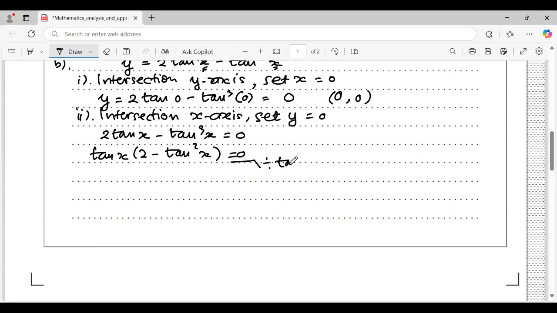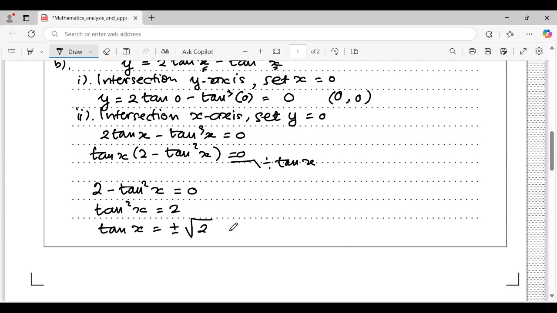Divide by tangent x, and it becomes 2 minus tangent squared x equals 0, or tangent squared x equals 2. So tangent x equals positive and negative square root 2.